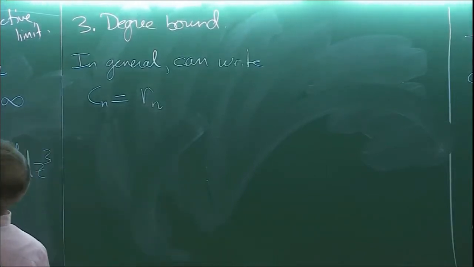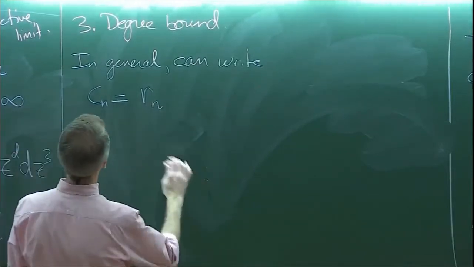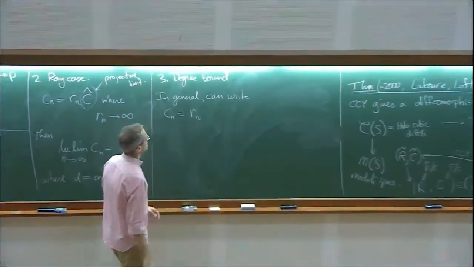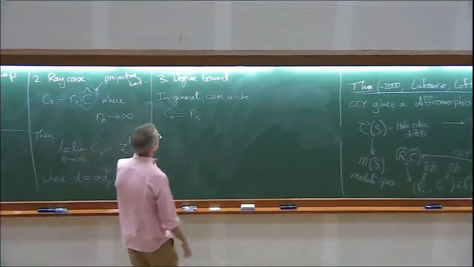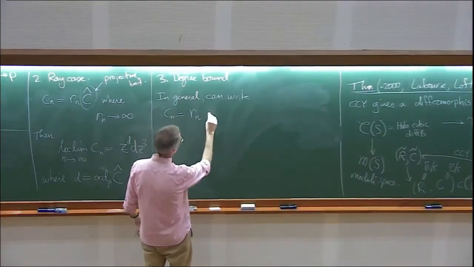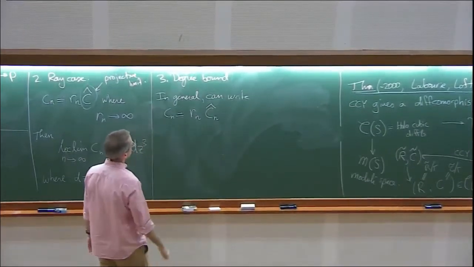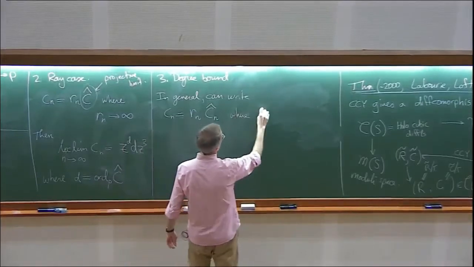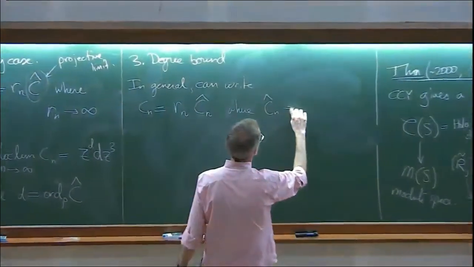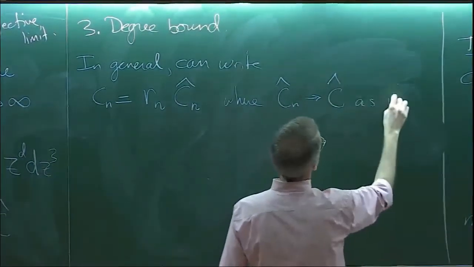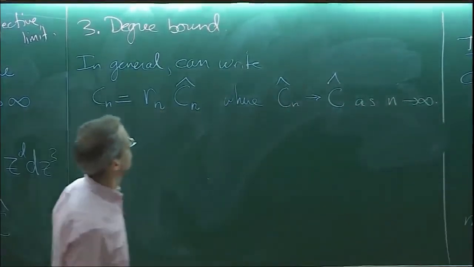But it may not be that the sequence is constant after the rescaling. So Cn can be written as some constant, Rn, times Cn hat, where Cn hat converges to C hat as n goes to infinity.